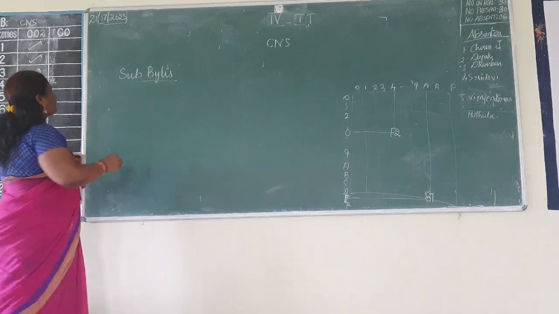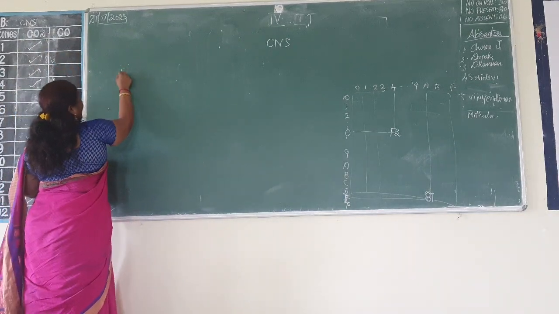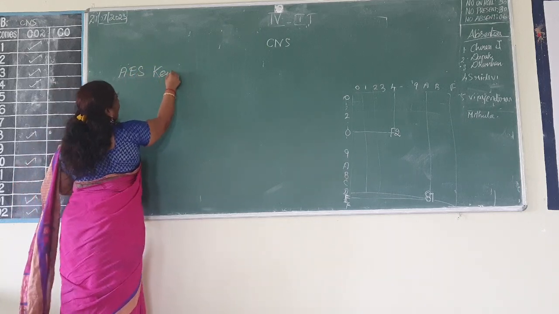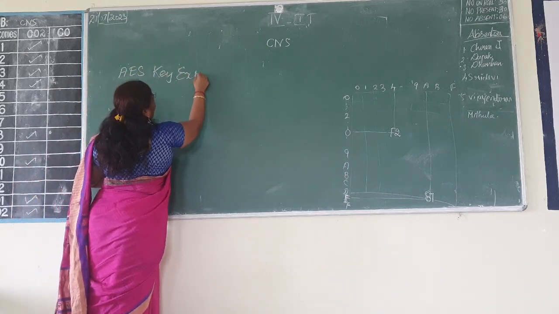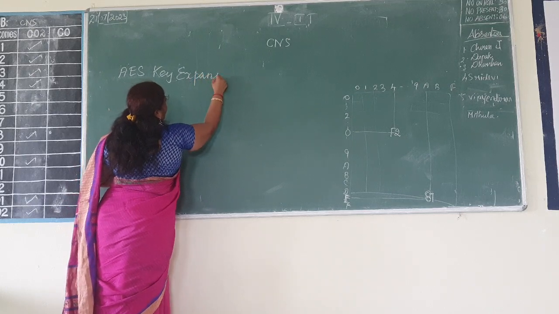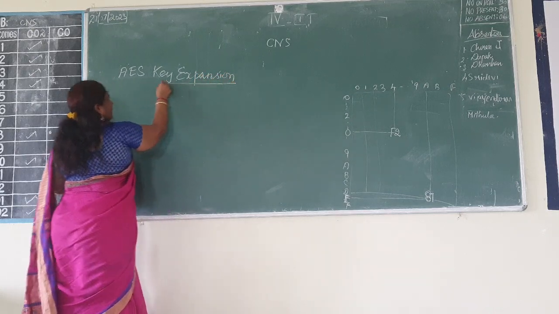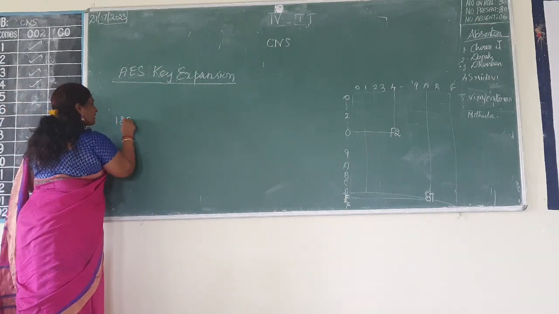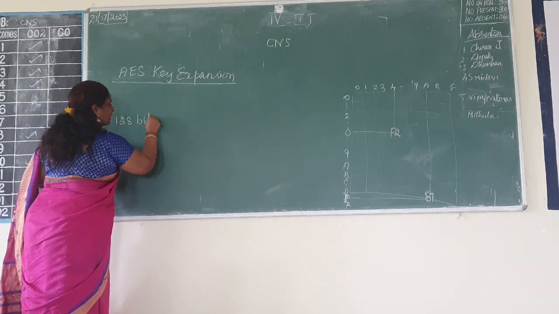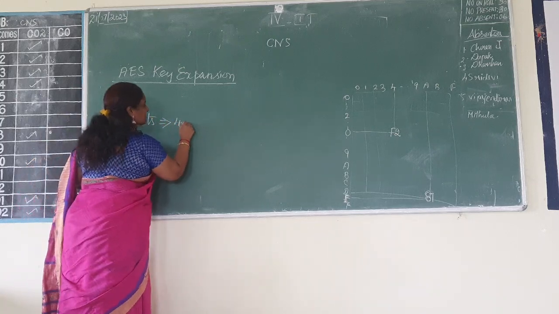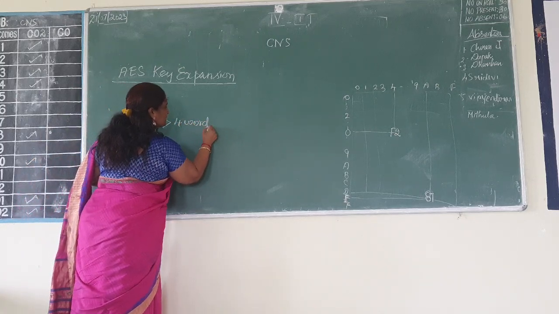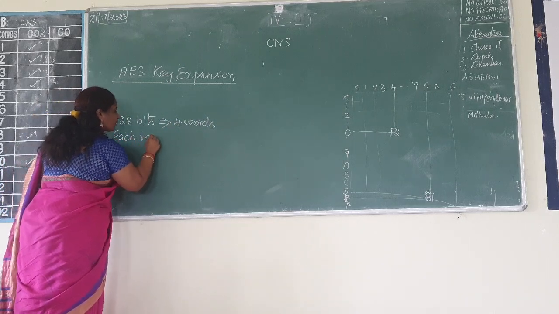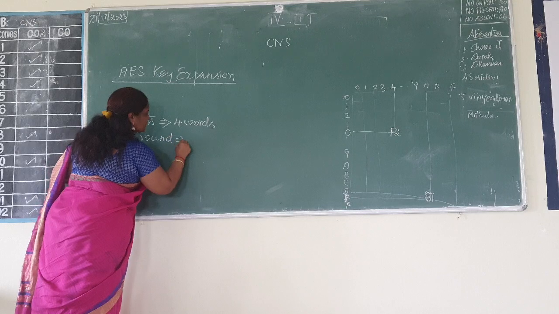So now we are going to see the AES key expansion, how the key will be expanded. The key size will be 128 bits only, organized as 4 words, and each round requires 4 words.